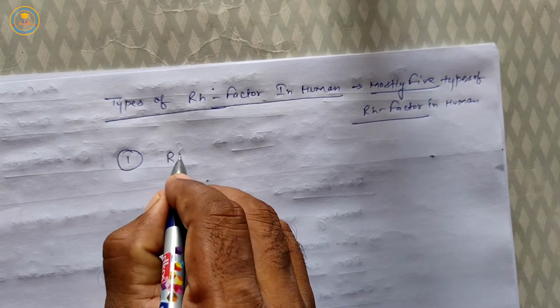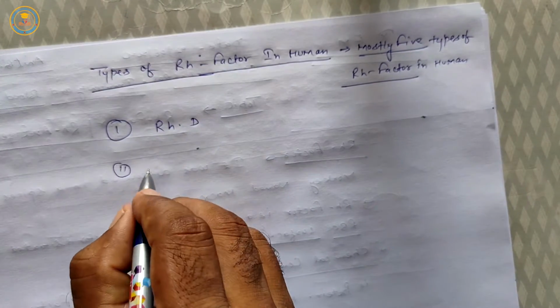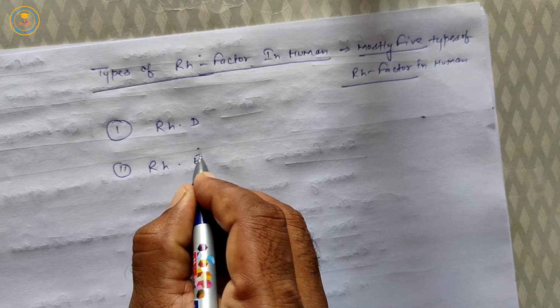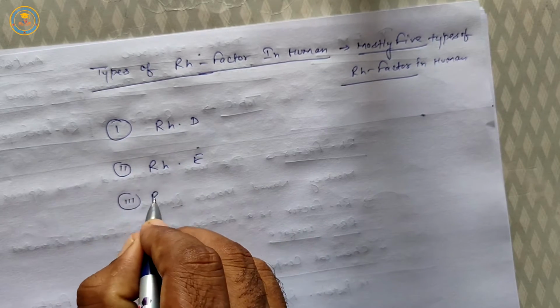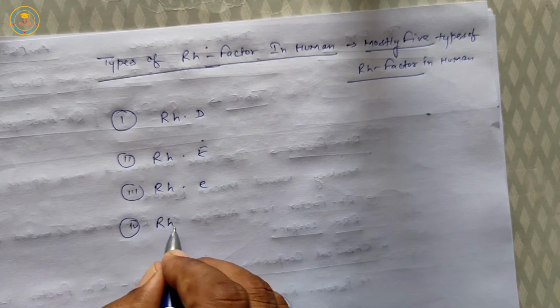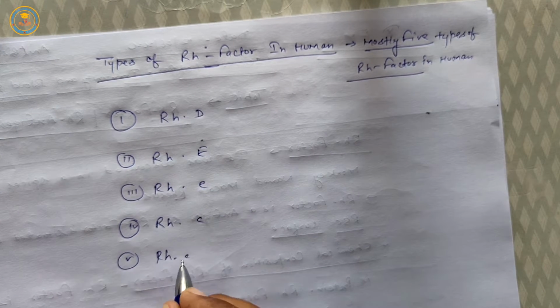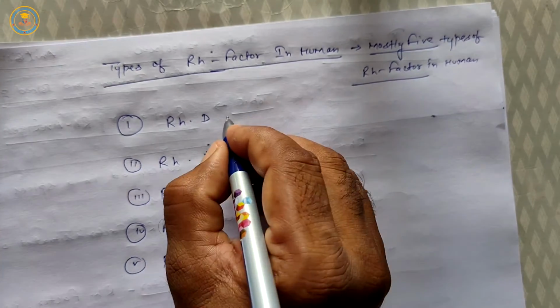First is RhD, second is Rh capital E, third is Rh small e, fourth is Rh capital C, and fifth is Rh small c.